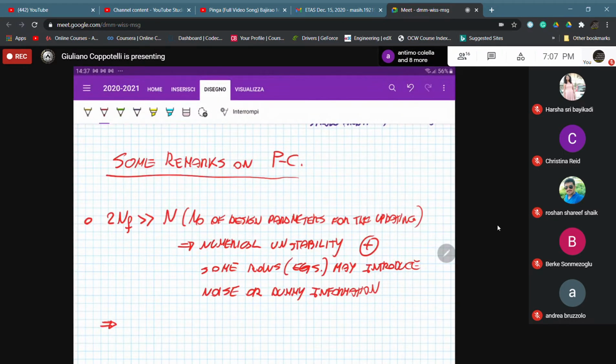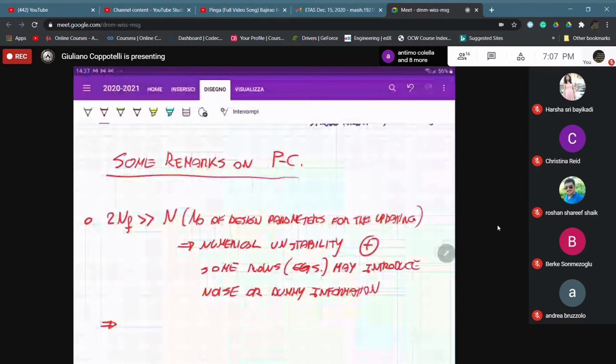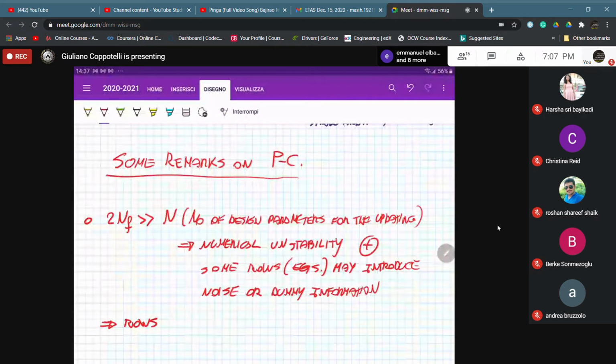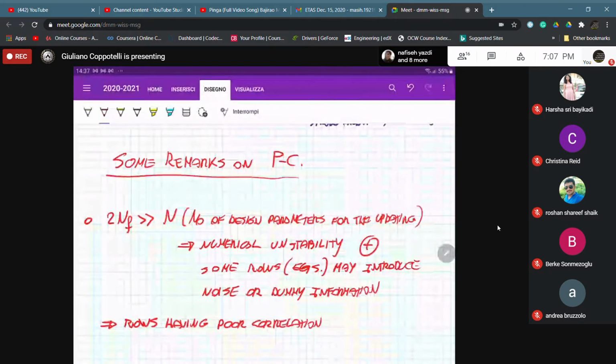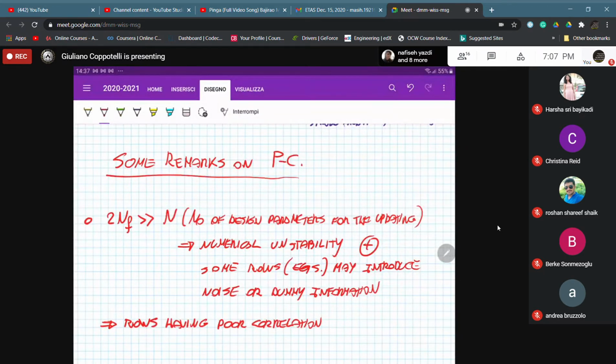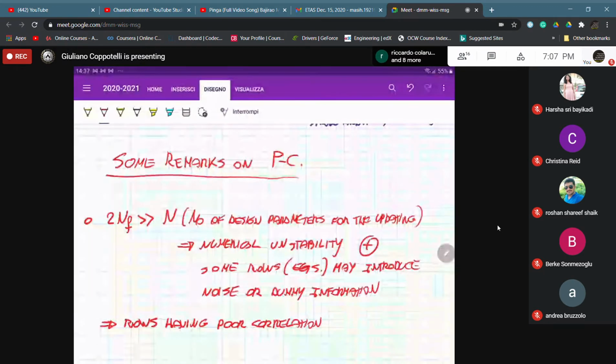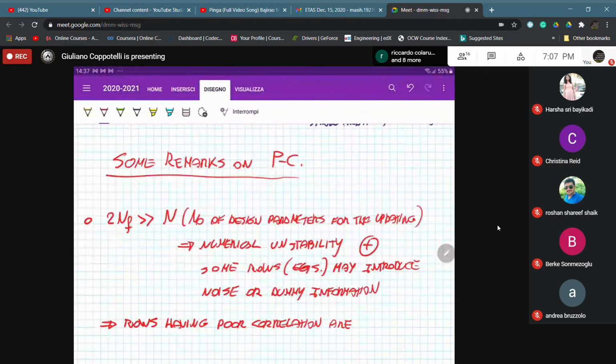Okay, as a result, the solution techniques consider that rows having pure correlation are neglected.